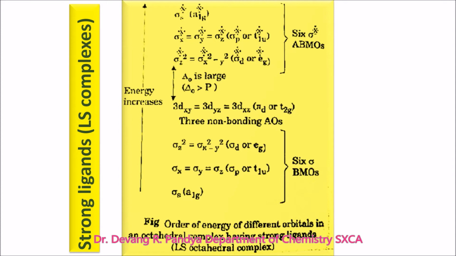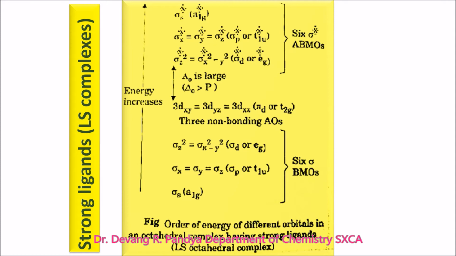And the difference in energy between these 3 non-bonding atomic orbitals and Eg star is called the splitting energy, delta O. When the splitting energy becomes greater than the pairing energy, because when electrons enter into this BMO, they will pair up anti-parallelly, and the energy generated, if that pairing energy is a little lower compared to the splitting energy, then the complex formed is a low spin complex, and the ligand which approaches the central metal ion is considered a strong field ligand.